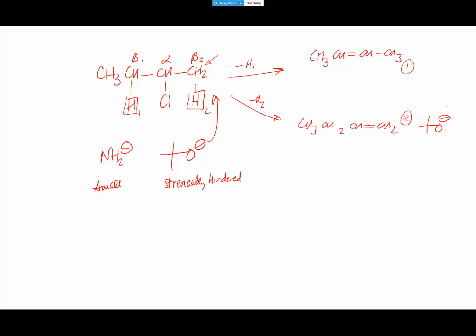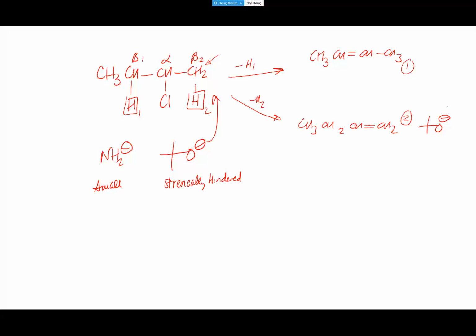But wait, product 2 is less stable than product 1. Who cares? My tert-butoxide has to be able to get to the hydrogen in order to start the reaction. So the final product energy is irrelevant.